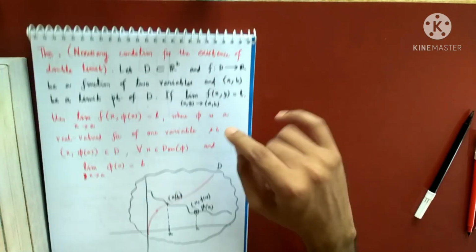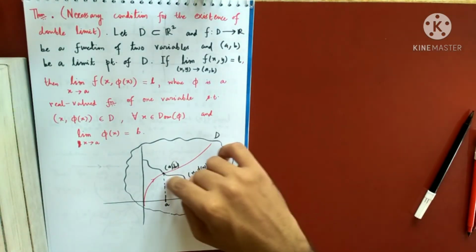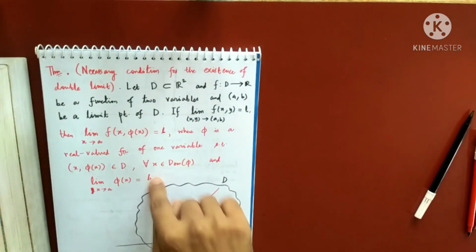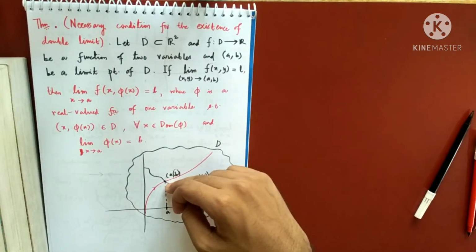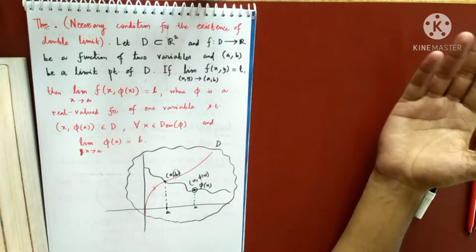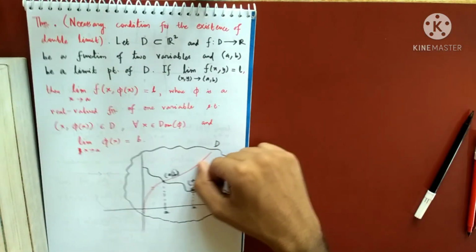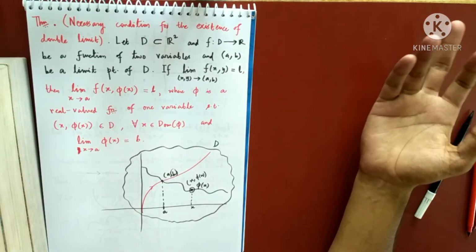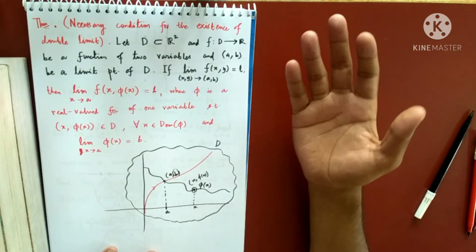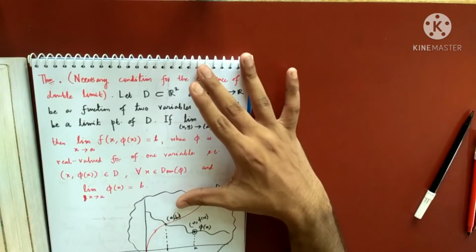If I can find two different paths satisfying these conditions, suppose going to (a, b) using this path the limiting value is 5, and using this path the limiting value is 7, then the limit cannot exist. This will be the importance of this theorem.